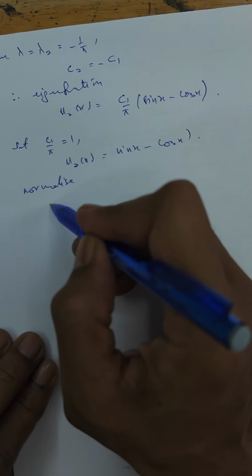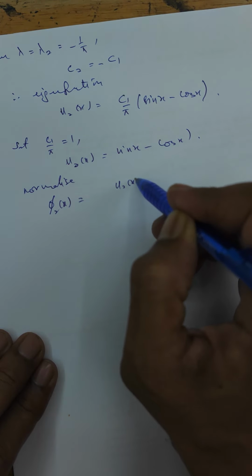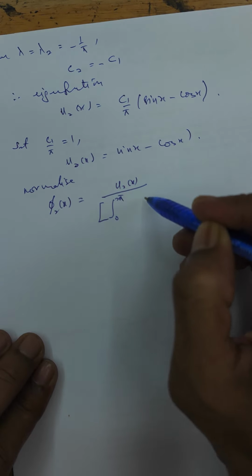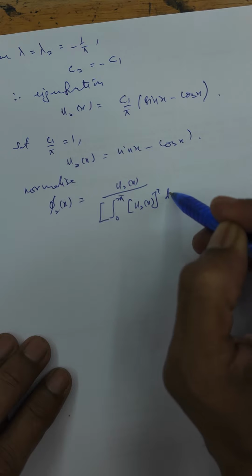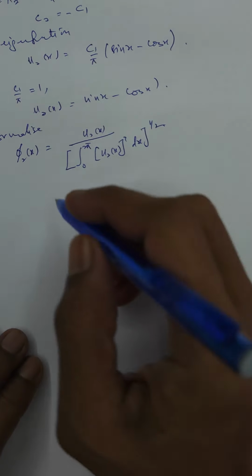We have phi 2(x), this is equal to u2(x) over the integral from 0 to 2 pi of u2(x) squared dx, to the half. Okay, just fill up everything in there.